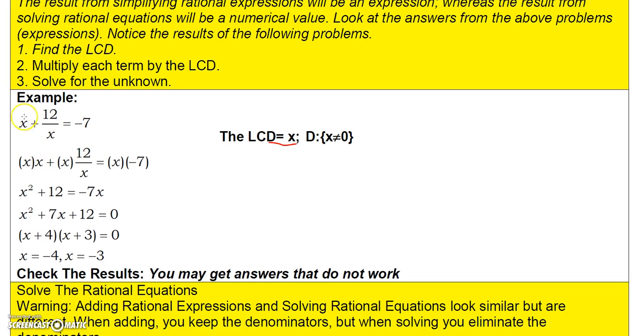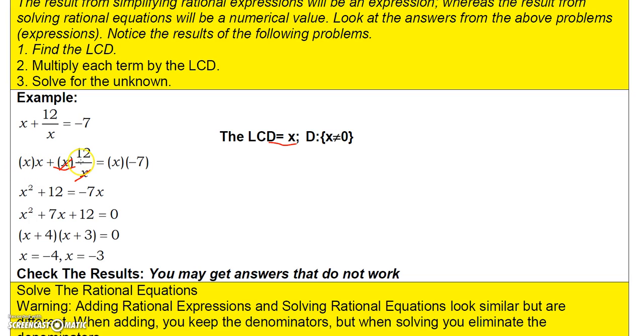Okay, now what I can do is multiply x by this 12 over x, and that will eliminate the denominator because x over x is 1. But if I multiply this term by x, I've got to multiply all terms by x.